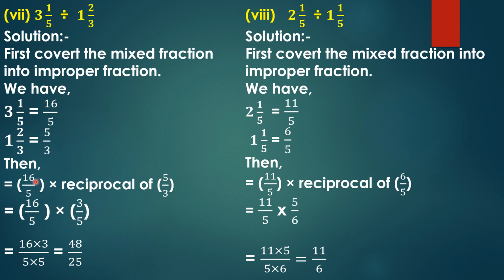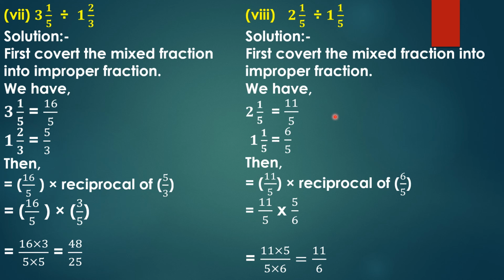Now 16 divided by 5 into the reciprocal of 5 by 3 we have to take. Okay, we are converting division into multiplication. Therefore we have to take the reciprocal of the second fraction, which gives 16 divided by 5 into 3 by 5. Now multiply the numerator and denominator. This will become 16 into 3 divided by 5 into 5, equals 48 by 28.